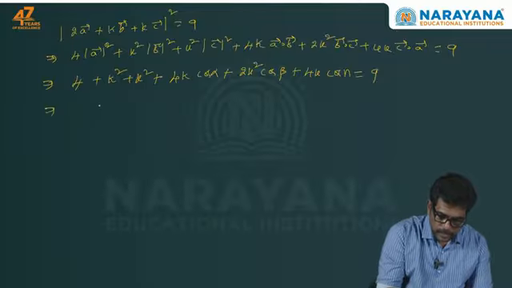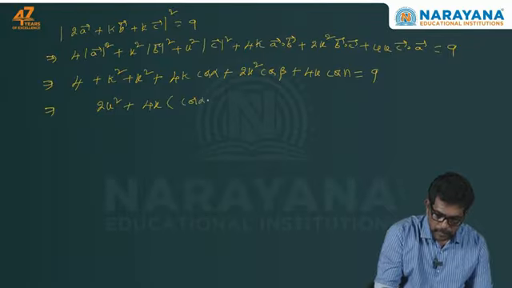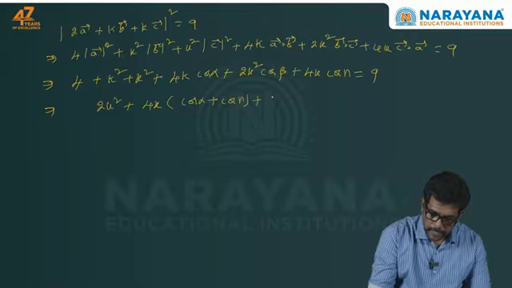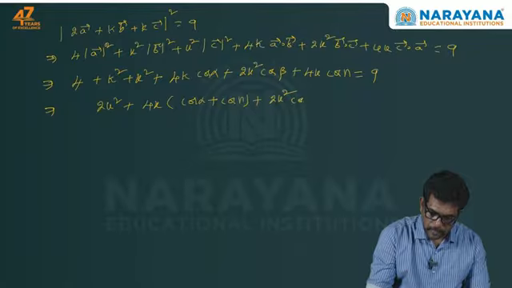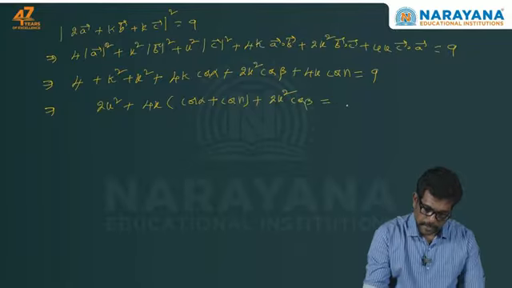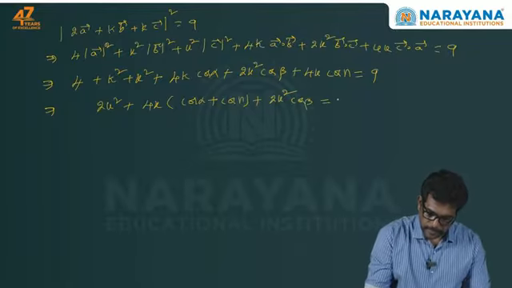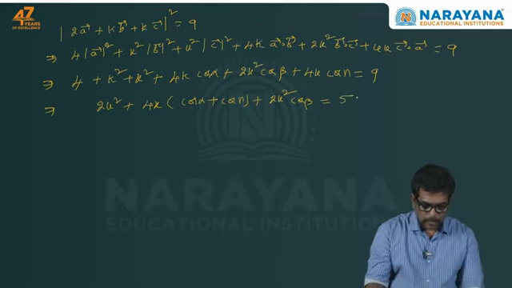Now from this, 2k square plus 4k times cos alpha plus cos gamma plus 2k square times cos beta is equal to 5.